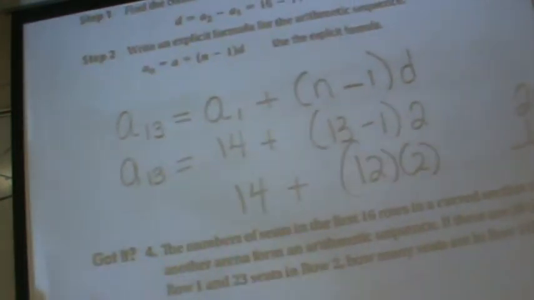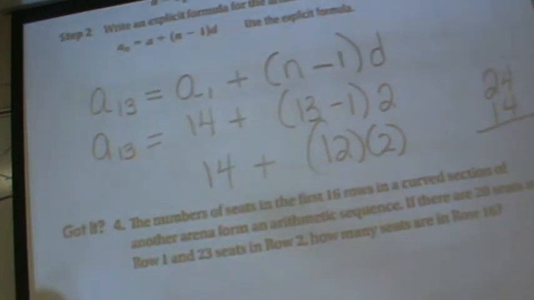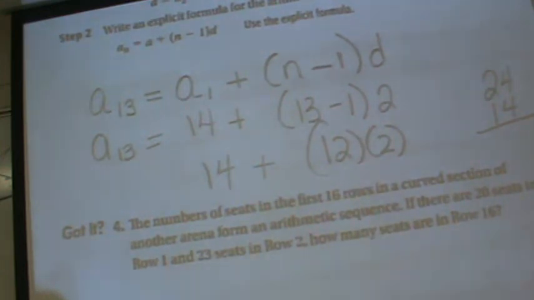There are 38 seats in row 13. What if I wanted to know how many seats are in row 100? What are you going to do? 14 plus 100 minus 1 times 2. 2 times 100 minus 2.